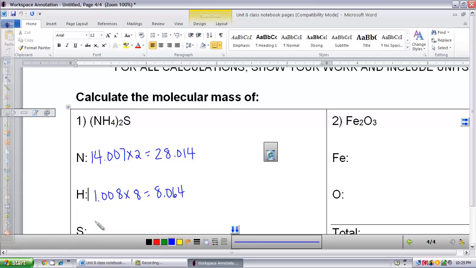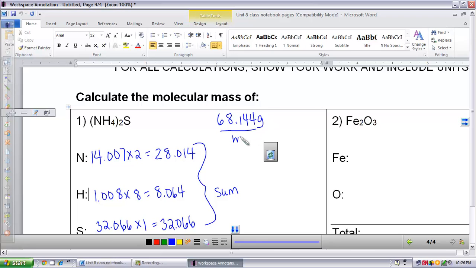Then sulfur, way down here, if you look on the periodic table, has a mass of 32.066, and since there's only one of them in the compound, you can either leave it by itself or multiply by 1. Now all you do is take the sum of these 3, and when you put that all together in a calculator, you get that the molecular mass of ammonium sulfide is 68.144 grams per mole.